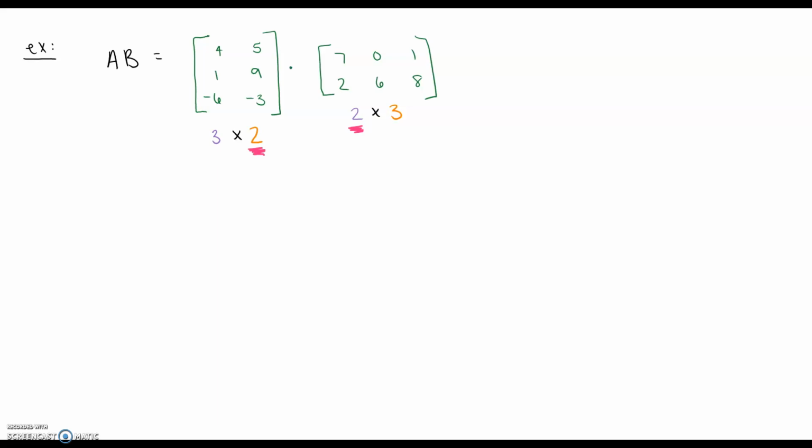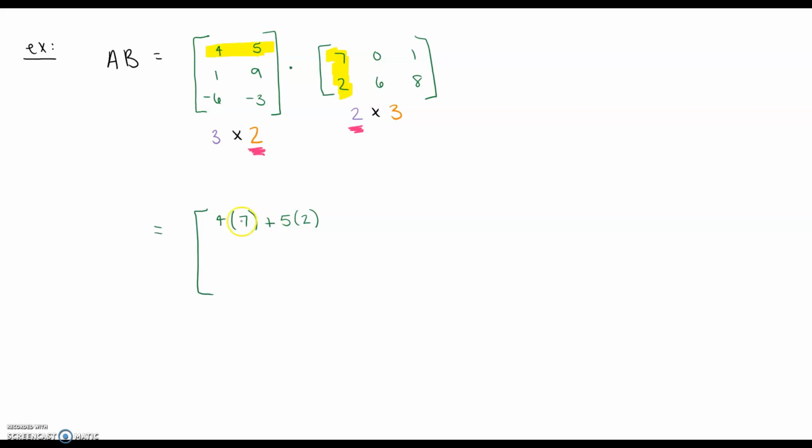The way we multiply is we are going to take this first row and multiply it by the first column and add. What I mean by that is we're going to do 4 times 7 plus 5 times 2, and that's going to be the first element.